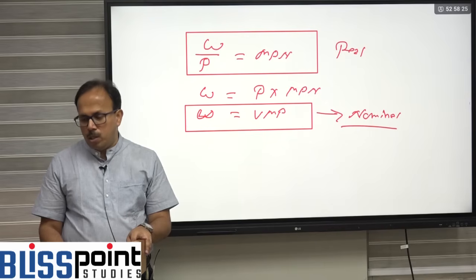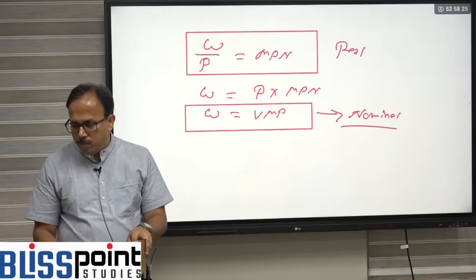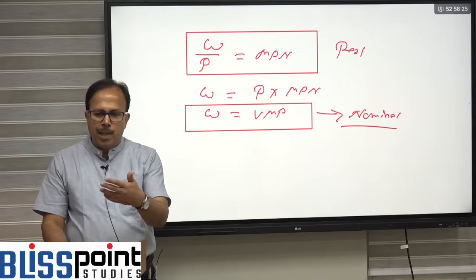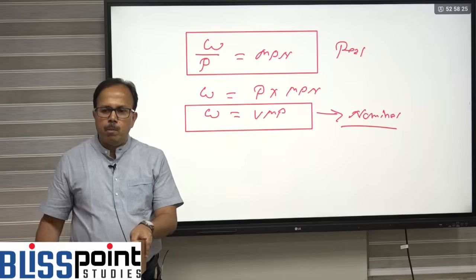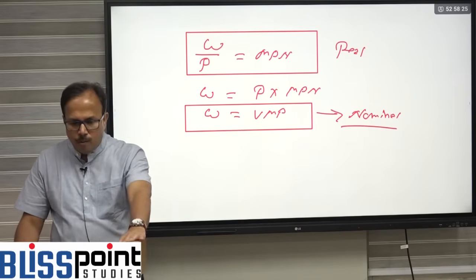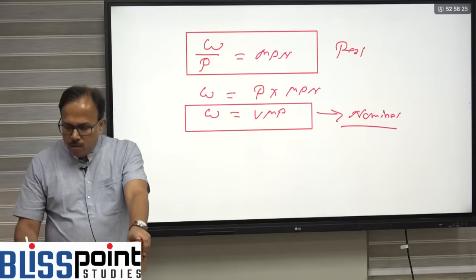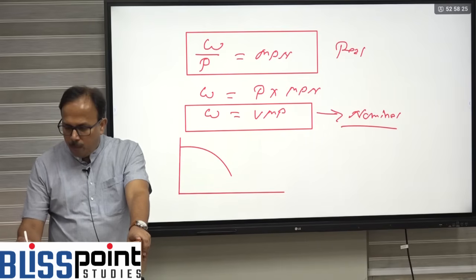Value of marginal product. Whenever you multiply any physical thing with the price, you get value of that. So marginal product multiplied by price is VMP. Clear? So when you draw the demand curve, it is basically the MPN curve.